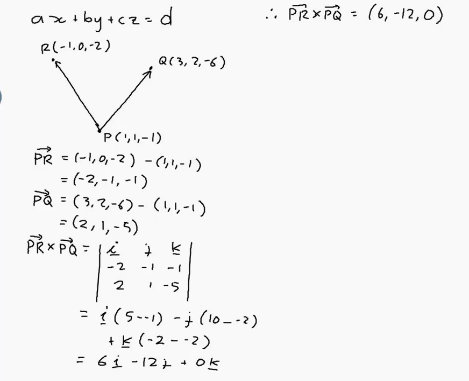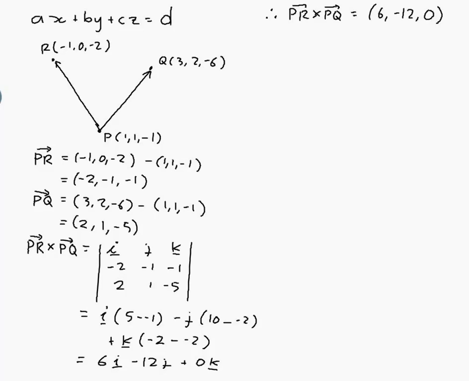So if I put another vector from P to some other point in there, it would be perpendicular to (6, -12, 0). So if I stick any point in my plane into an equation that's got 6, minus 12, and 0 for a, b, and c, because my point is x, y, z, that's the dot product, so that dot product should come out to 0. So that's why it gives me the equation of the plane.